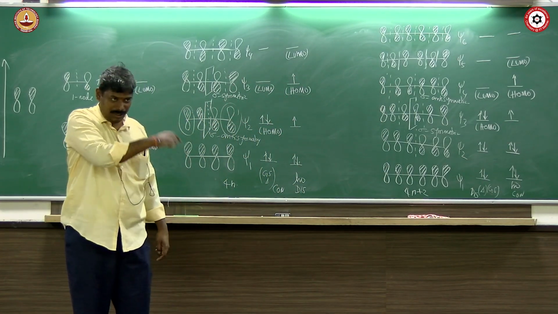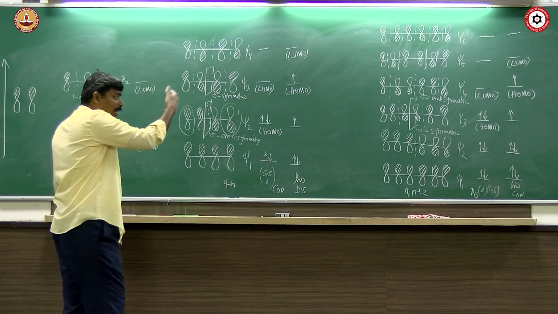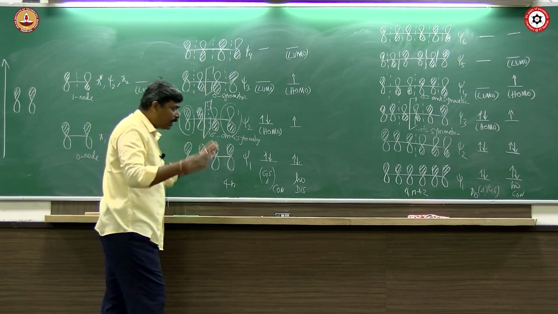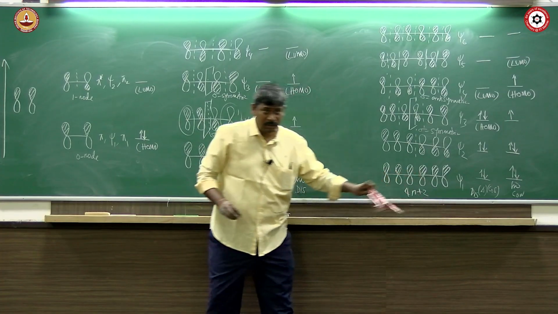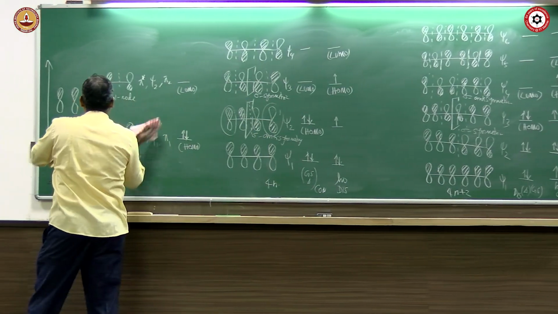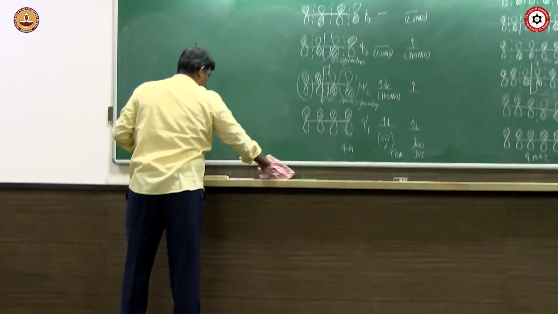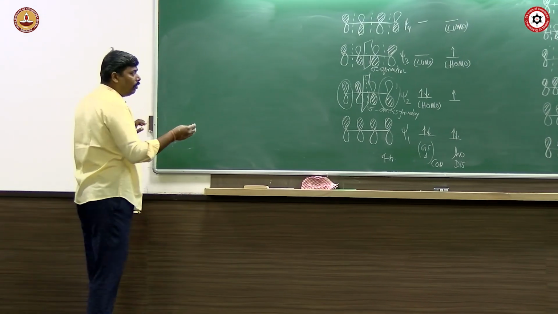We will come back to the behavior again, like the selectivity we mentioned, we will take these HOMOs and then explain further. But now I want to generalize this as a selection rule for an electrocyclic reaction. For electrocyclic reaction, how do we generalize this?